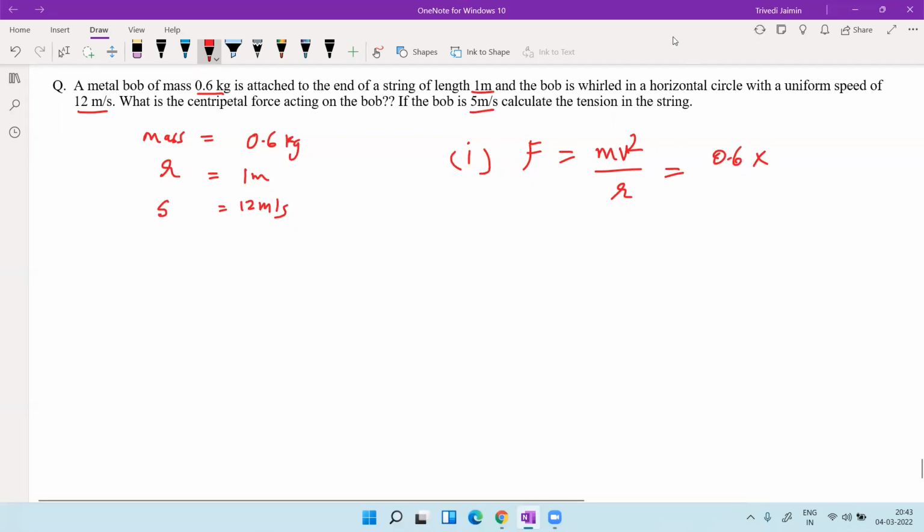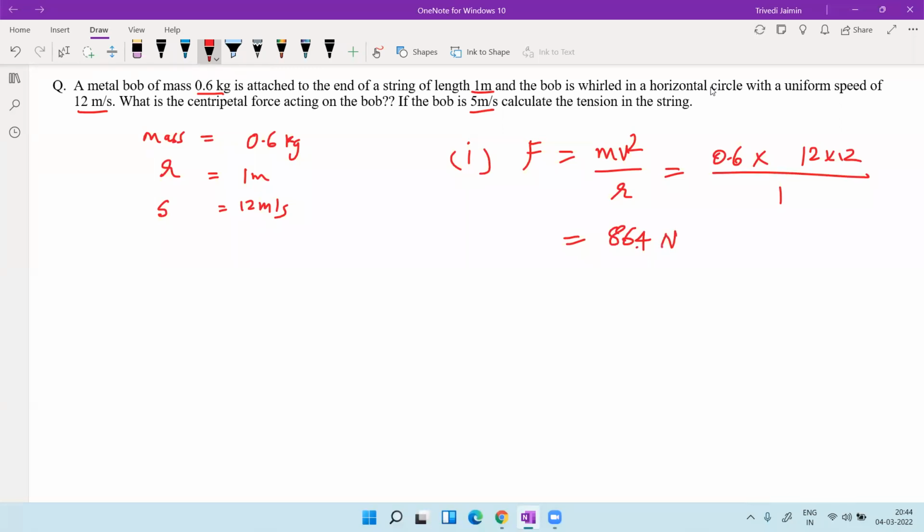Anybody? 86.4. Twelve squared is 144, into 0.6. Yes, 86.4 Newton. Correct.